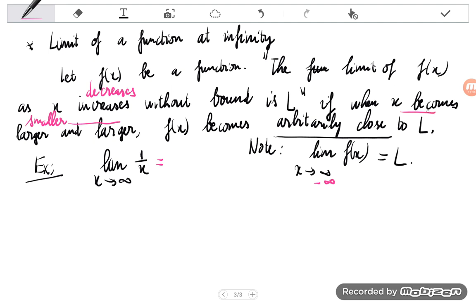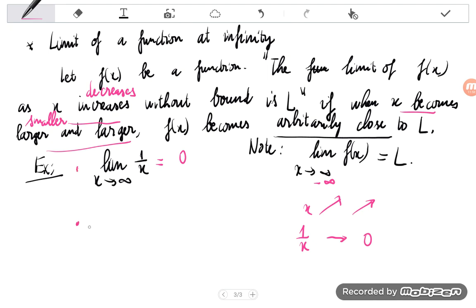You can imagine when x becomes larger and larger, 1 over x will become closer and closer to 0 arbitrarily. So this limit is 0, okay?